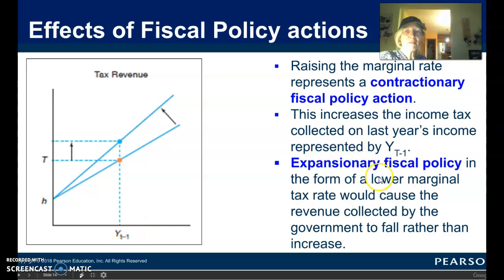So expansionary fiscal policy lowers the marginal tax rate, which would cause the revenue collected by the government to fall rather than to increase. So expansionary fiscal policy is going to have a decrease on the effect of the amount of taxes collected. So a decrease is a shift to the left. So this graph shows a decrease in the amount of taxes that are collected.